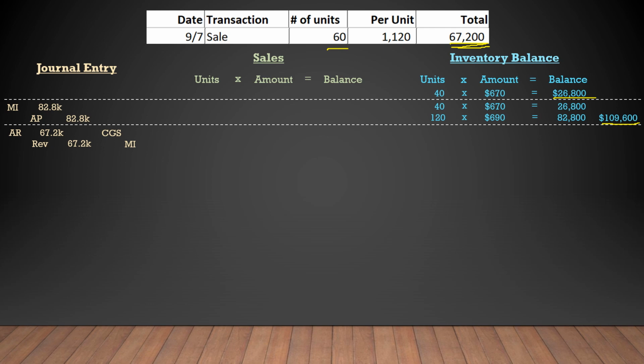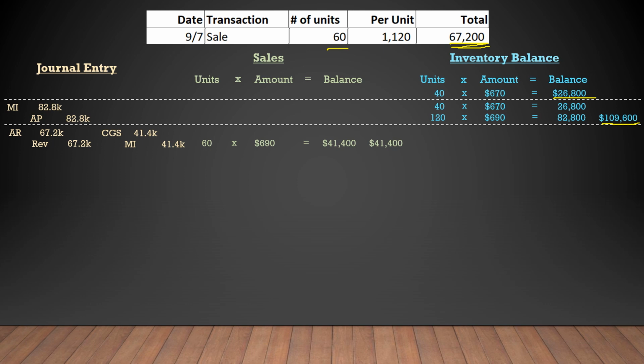Under LIFO, since we're pulling from our most recent layer first, then working backwards, we have more than enough units in our most recent layer to make up these 60 units. So we'll just multiply 60 units by $690 per unit to get a cost of sales of $41,400.